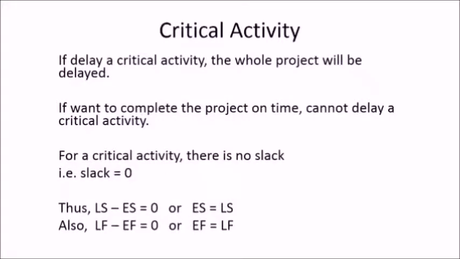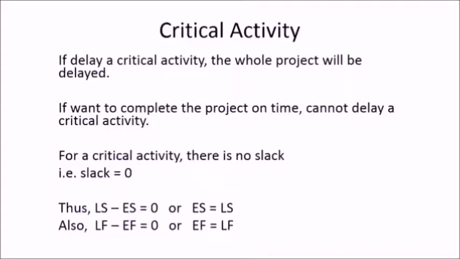Remember that if we delay a critical activity, the whole project will be delayed. Therefore, if we want to complete the project on time, we cannot delay a critical activity. Thus, for a critical activity, there is no slack, or slack equals 0.